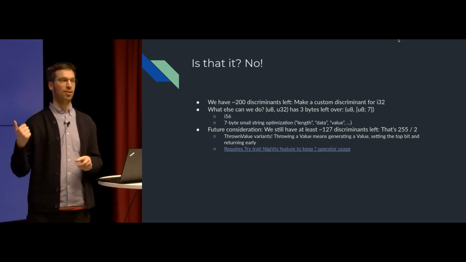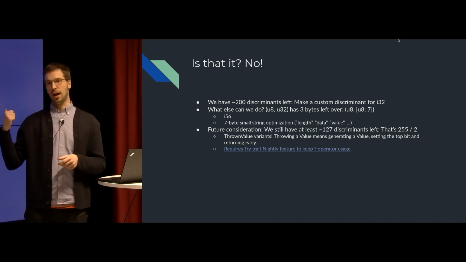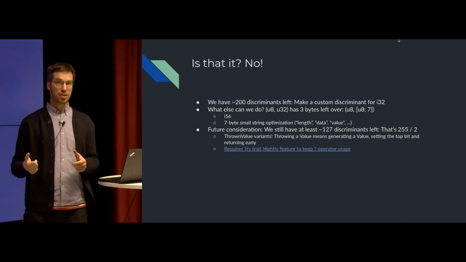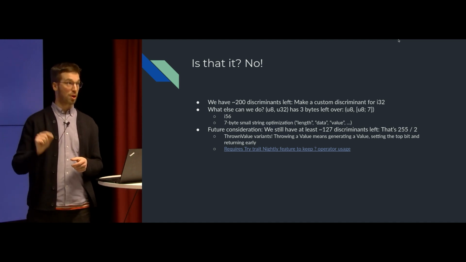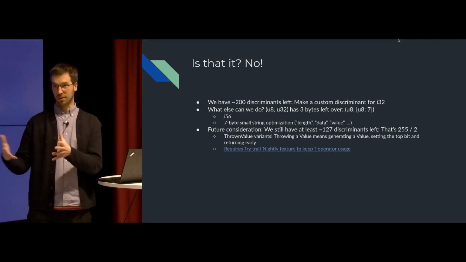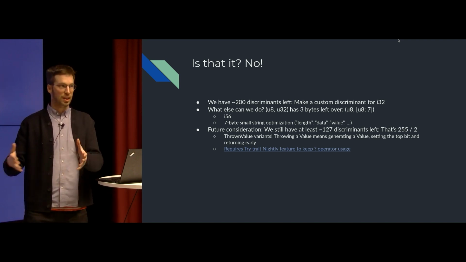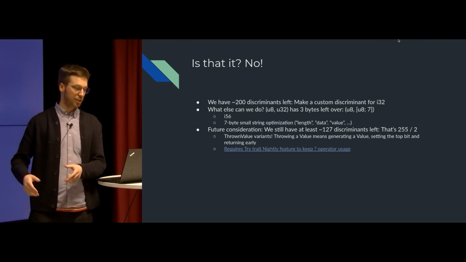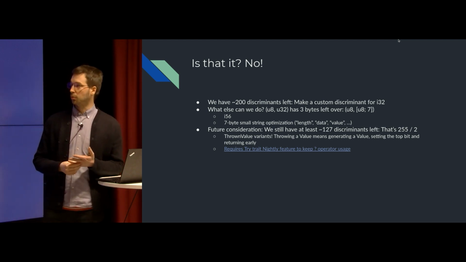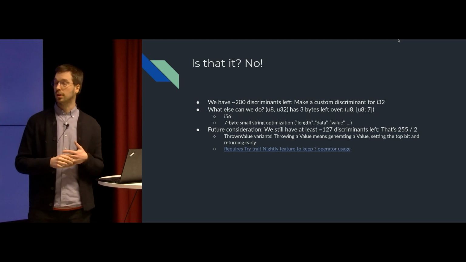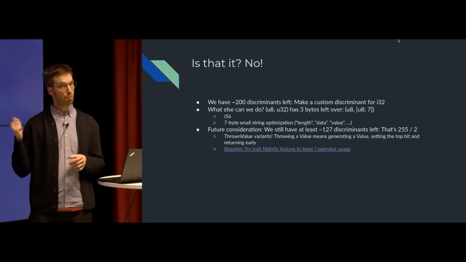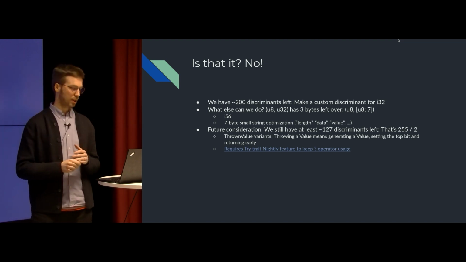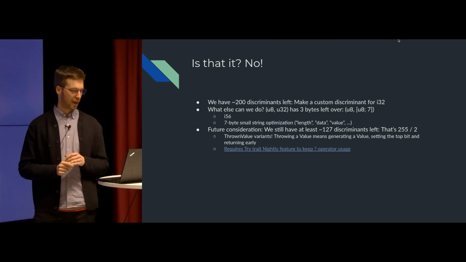Unfortunately, this means that when we're writing our code in Rust, we can no longer use the question mark operator. You can't just make an enum that has the question mark operator defined on it, except with the nightly Try trait. I would want to use that, but we're not using nightly, so we can't do that right now.